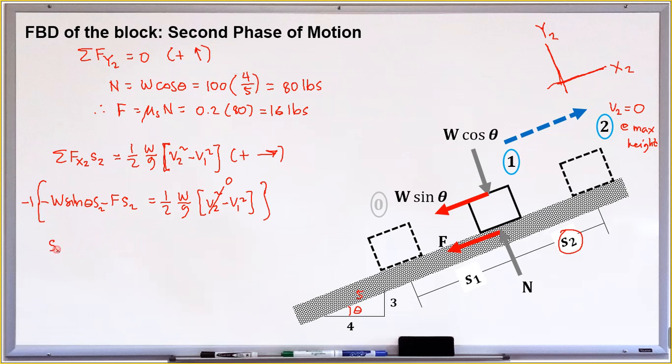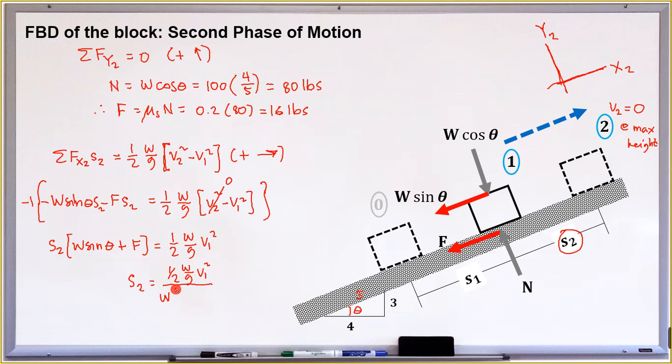Mahimo siya S2 (W sine theta plus F) is equal to 1/2 Wg and then V1 squared. So our S2 is therefore 1/2 Wg V1 squared over W.